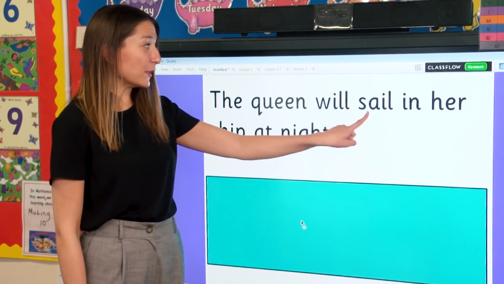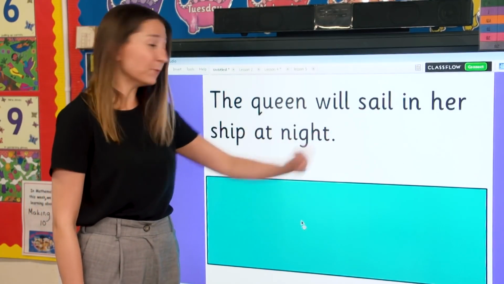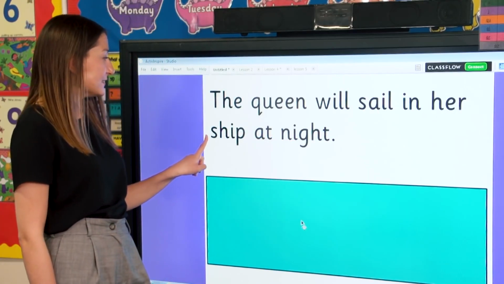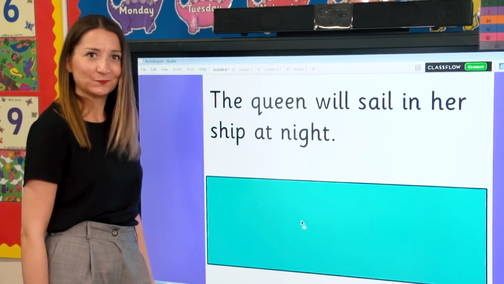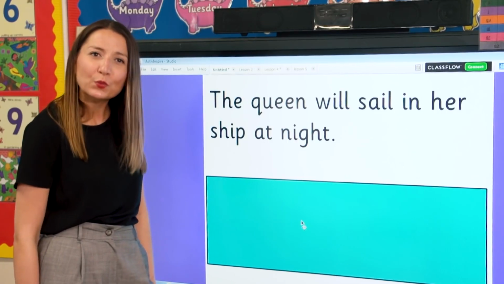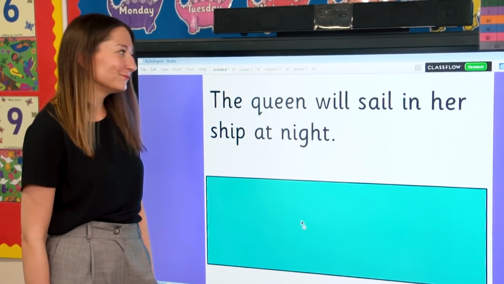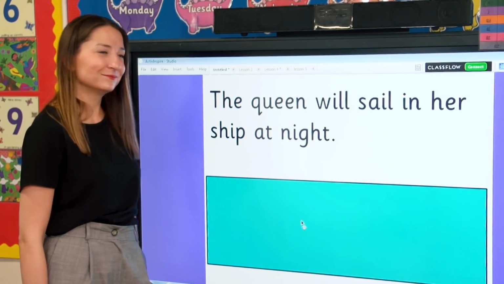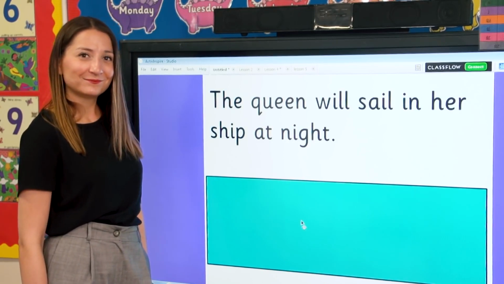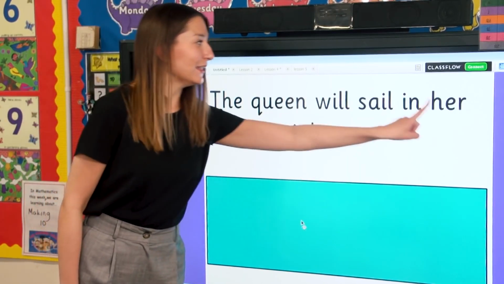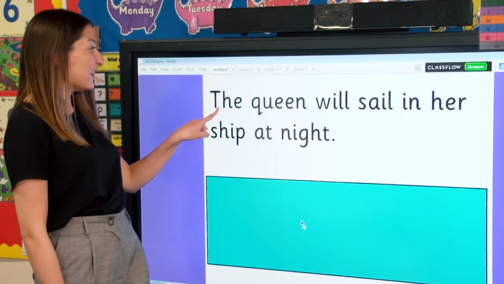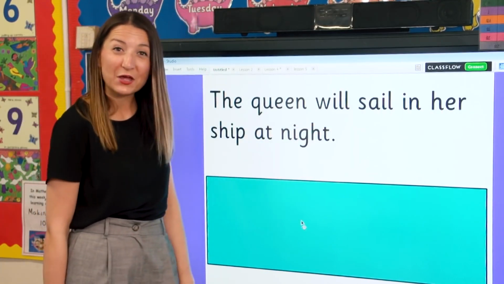Yes, this word has the digraph ai and this word has the digraph sh. Can you see a tricky word we already know? Yes, this word and this word are tricky words we already know.